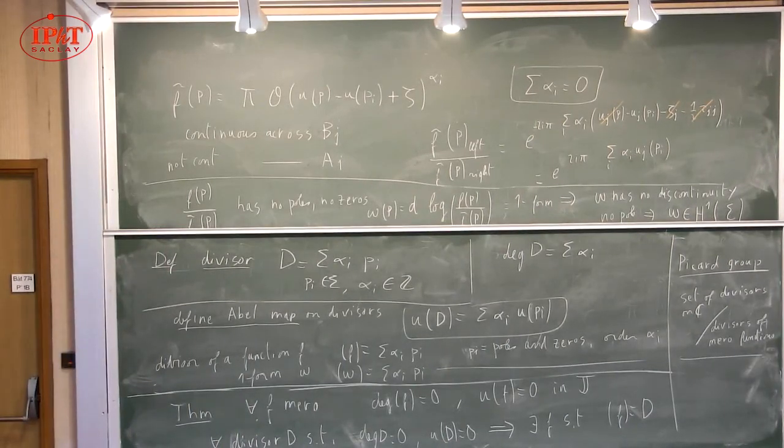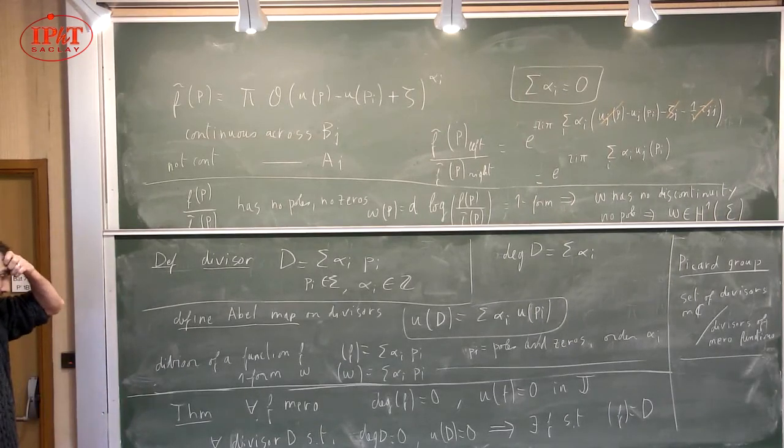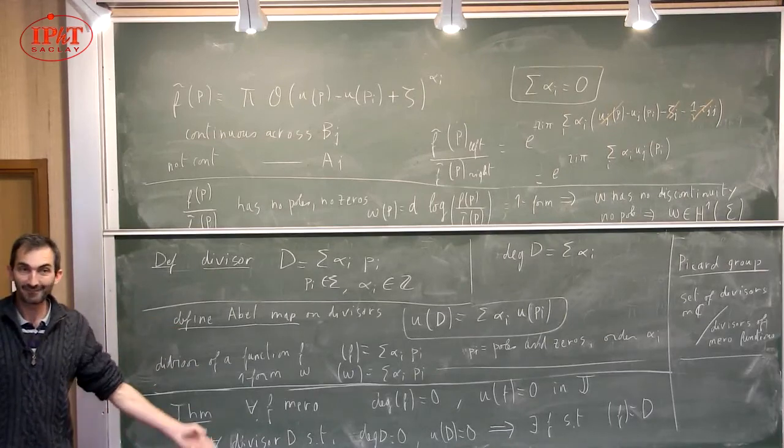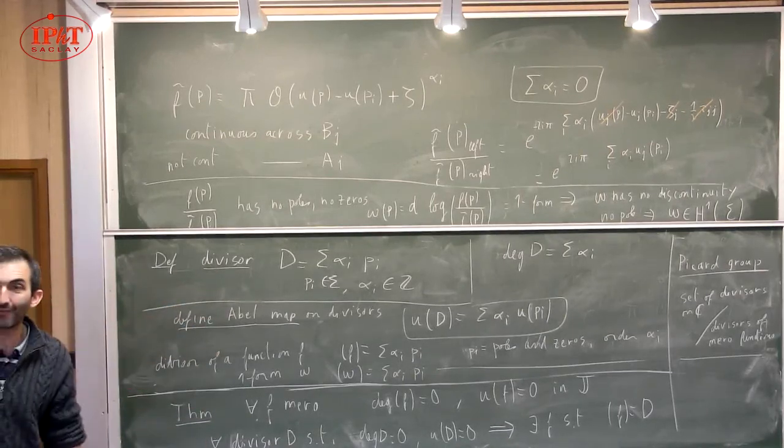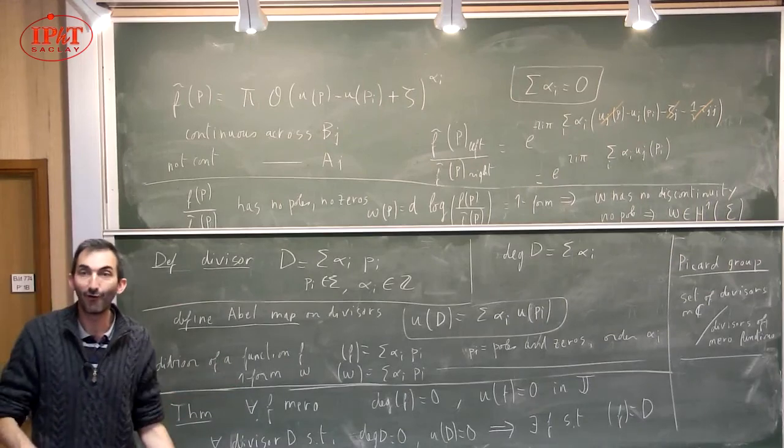So I stop here. Next time, I want to talk about the Riemann-Roch theorem. It is basically the question of, given a divisor, given some points with some degrees, is there a function that vanishes or has poles at those points with the given degrees or less?